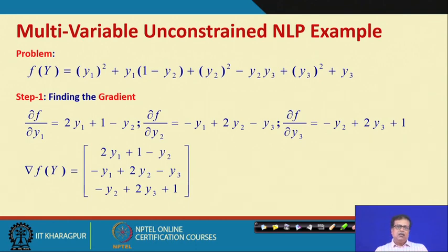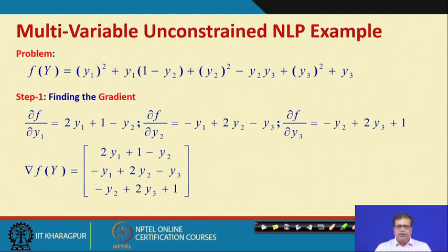Then we check whether the Hessian matrix is positive definite or negative definite, and based on the nature of the Hessian matrix we find the maxima or minima of the function. How do we find the extrema? By putting the gradient equal to 0.